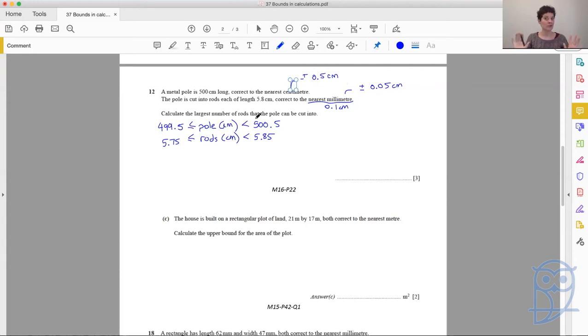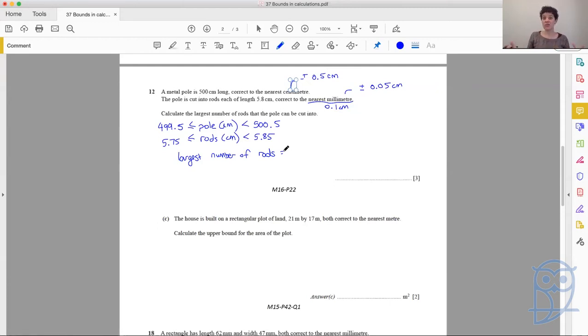Now we have to stop and think. The largest number of rods. Well, to get lots of rods, we need lots of little rods. So we want that shortest length for our rods.